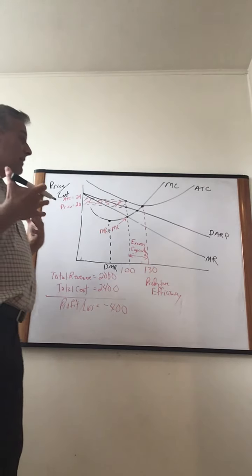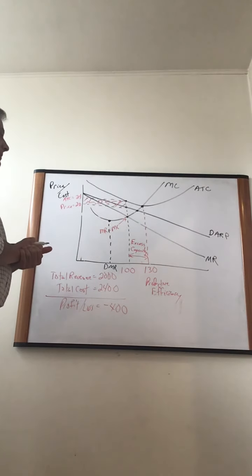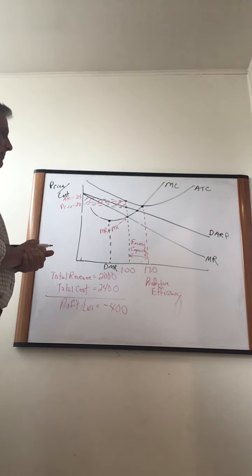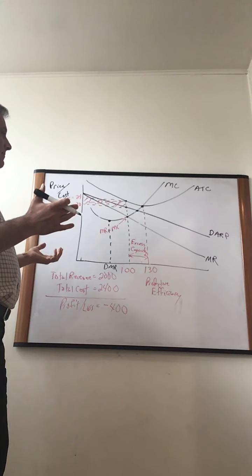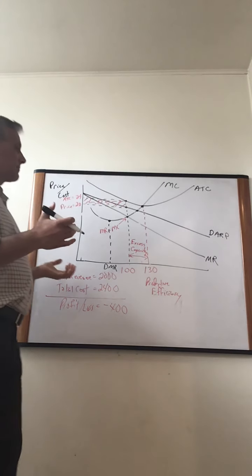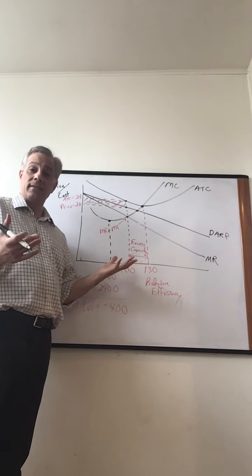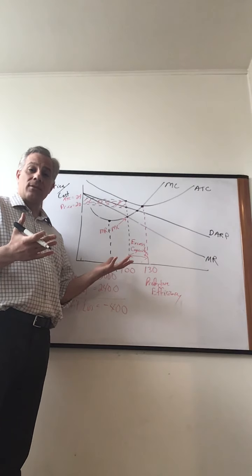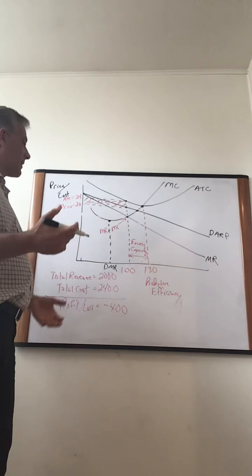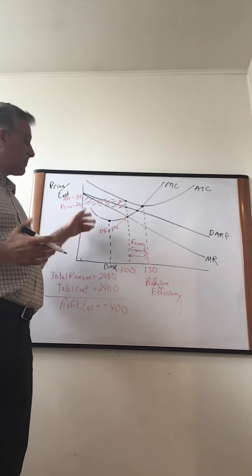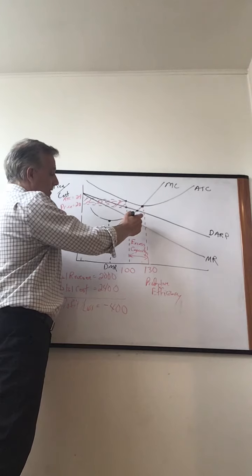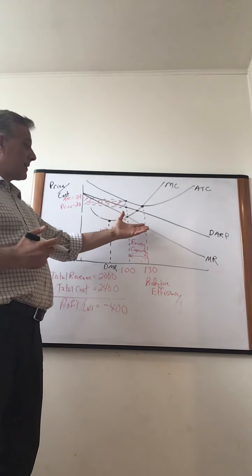Now, let's say that we had a change in costs. Let's say for whatever reason, all costs go down. What would happen? You don't have to draw in new things, but you could know that there's going to be a greater quantity.